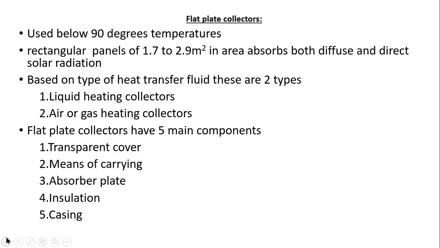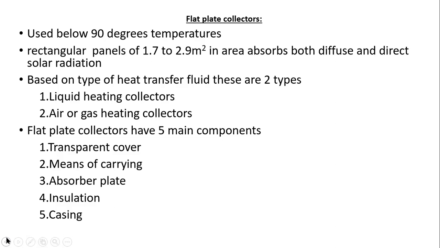If insulation is not provided properly, the heat absorbed from the solar radiation will be lost. Different insulating materials are used, for example fiberglass or styrofoam, mainly for flat plate collectors.